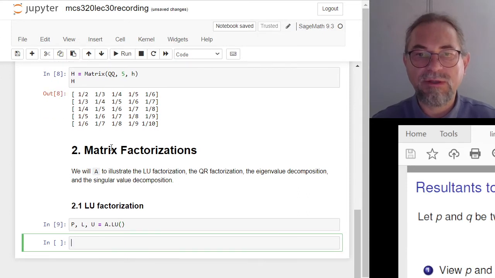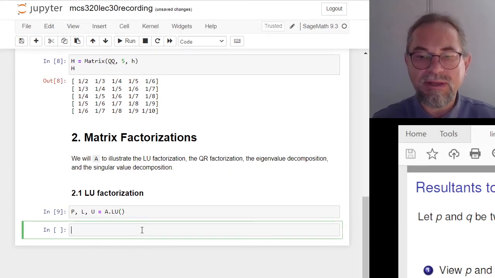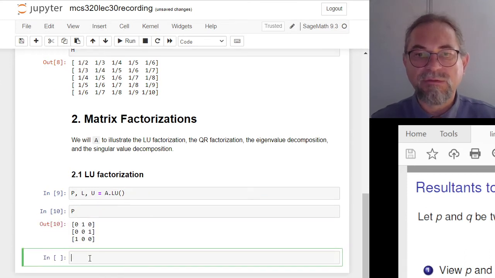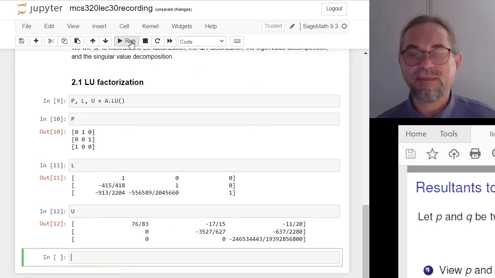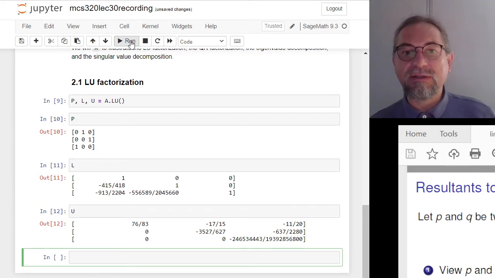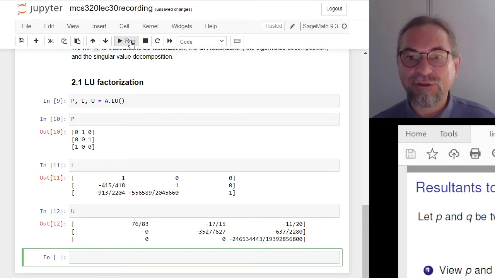P is a permutation matrix. So one needs to interchange rows and columns to avoid singular matrices. Here you also see that the LU factorization leads to expression swell.